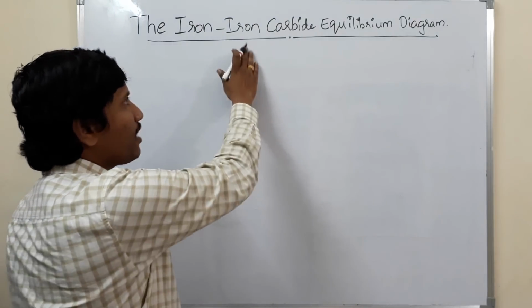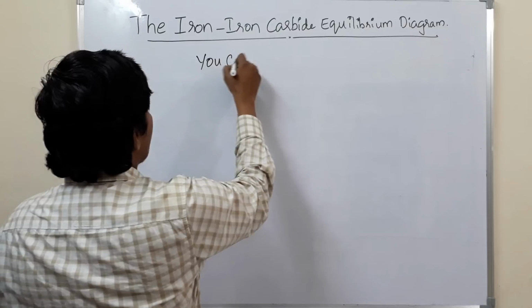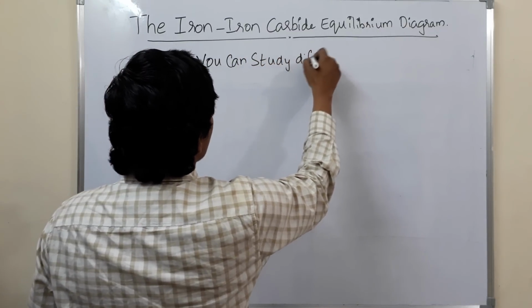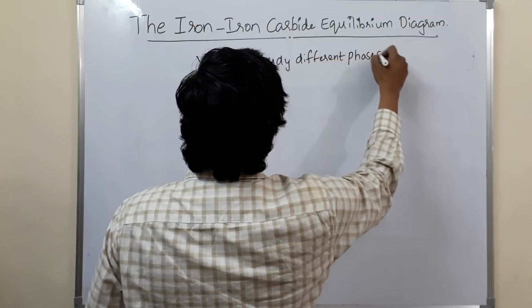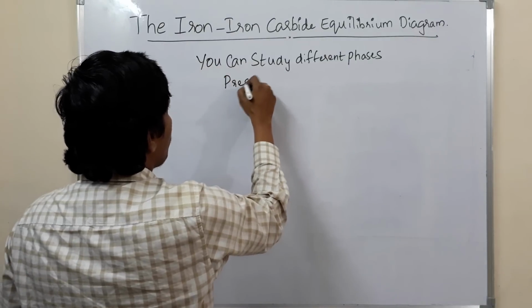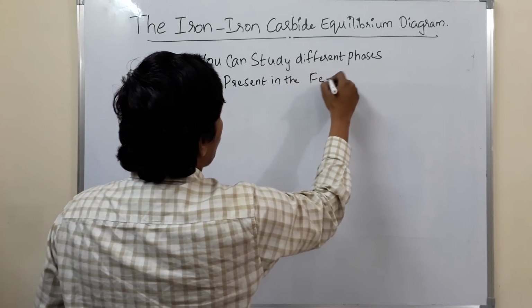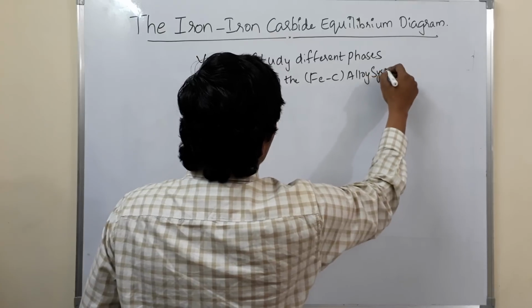In the iron carbide equilibrium diagram, you can study the different phases present in the iron carbon alloy system.